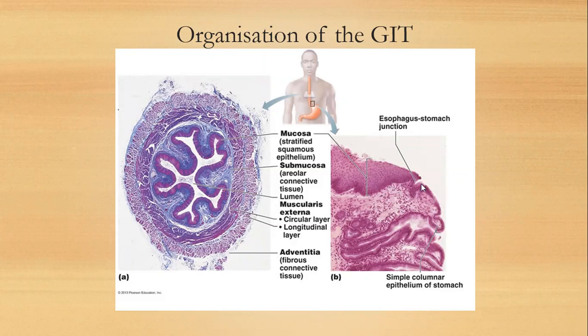And then secondly, what you don't find within the esophagus are indentations of the epithelium forming secretory tissue. We don't have that. But in the stomach, we are going to see all these indentations of the epithelial lining into the mucosa.